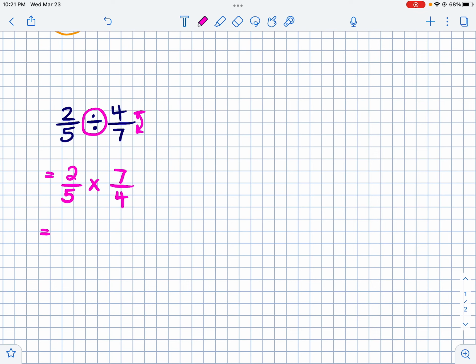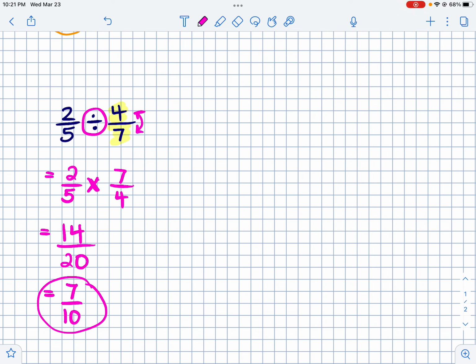So for dividing fractions, we change it to multiplying, flip the second fraction, and then we just do what we normally do, multiply the fractions together. So 2 times 7 is 14, 5 times 4 is 20. Reduced to lowest terms, I could divide them both by 2. 7 over 10 is my final answer.